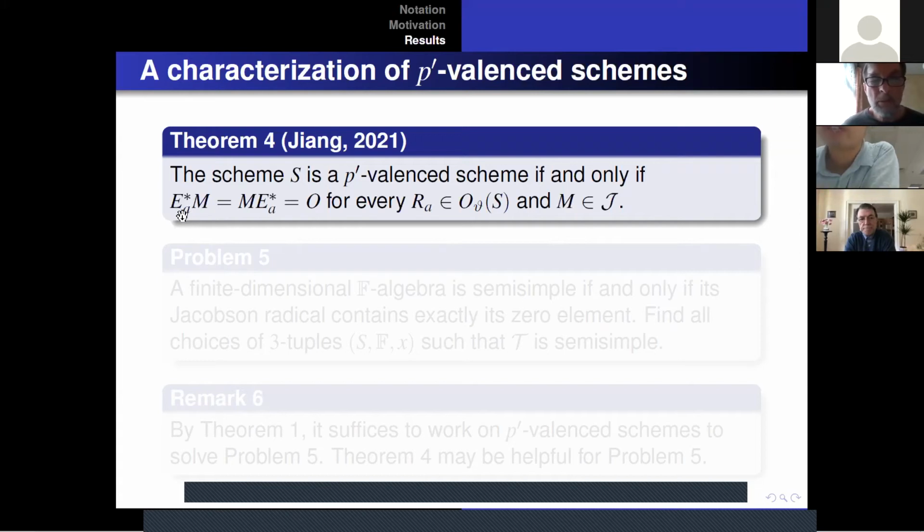So for two matrices, you can consider the multiplication. This multiplication equals the all-zero matrix, for every R_a belonging to the thin radical and for any M belonging to the Jacobson radical. And if you have this property for one modular Terlager algebra, you can deduce that S is a p-prime valenced scheme. This is the if and only if condition.